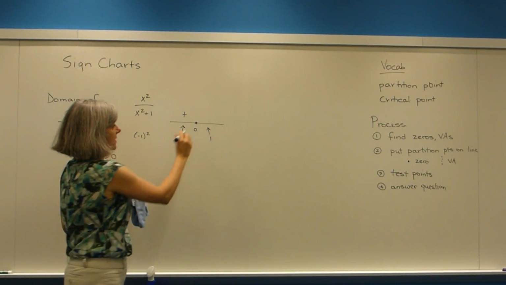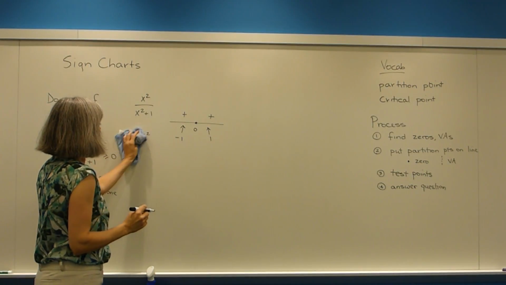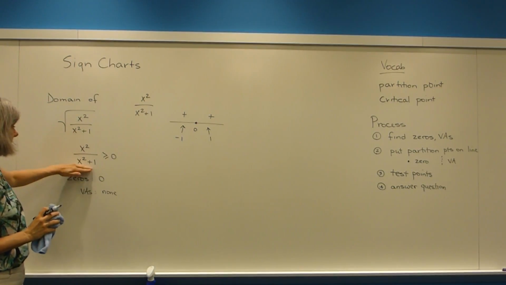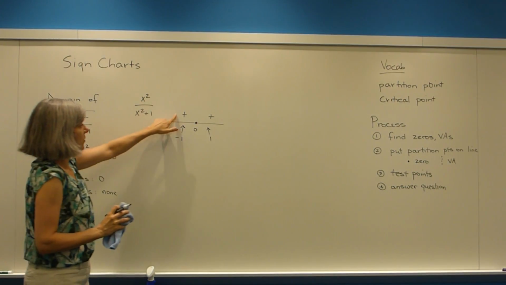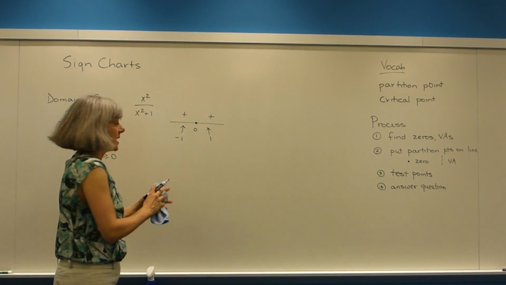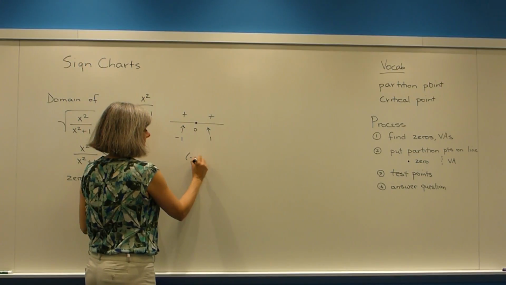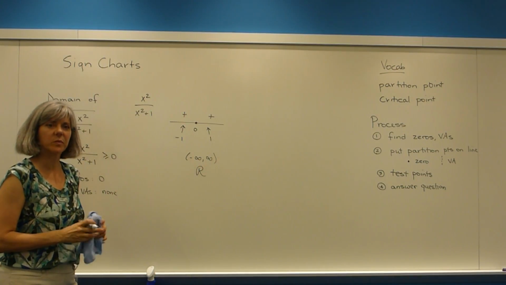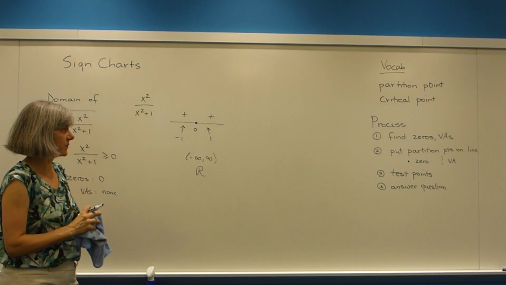Put in 1, still positive. So, what was I trying to solve? This greater than or equal to 0. Greater than 0, equals 0, greater than 0. That means the domain is all reals. Or if you like, make a script R to represent all reals, that's fine too.